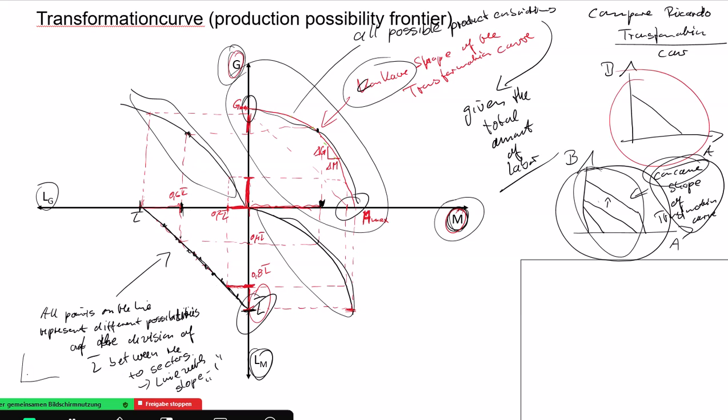This always means I'm starting with the flattest line, moving upward, adding the second flattest line, and so on. And so I obtain more or less the same shape when I look at the Ricardo model, not using only 2 countries, but many countries.